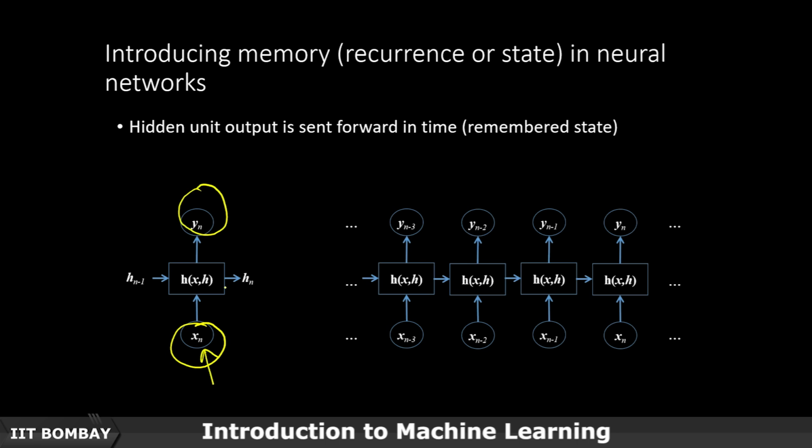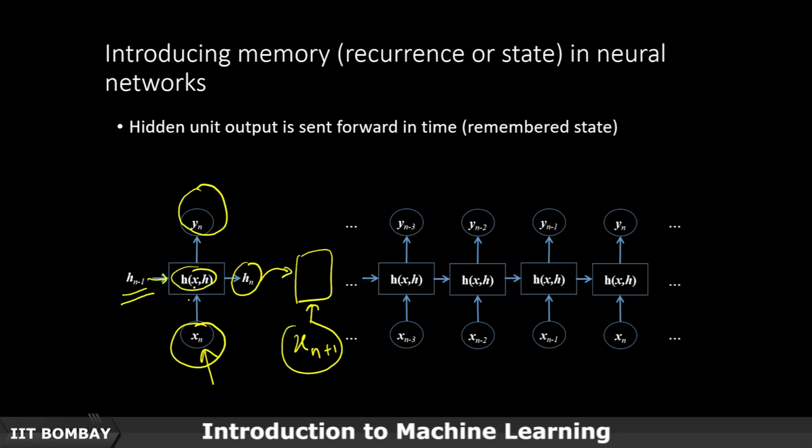Internally it will compute some intermediate output h of n, but that h of n will act as an input to the future x of n plus 1. So when that is processed, this will act as an input to that. Similarly, for this particular input, the previous hidden state is going to be another input to the neural network before we get the output. Okay, so the h is dependent on not just x but h of the previous time instance.